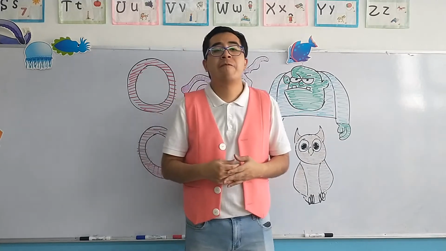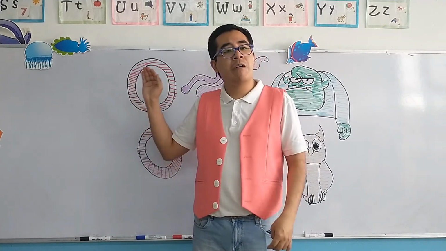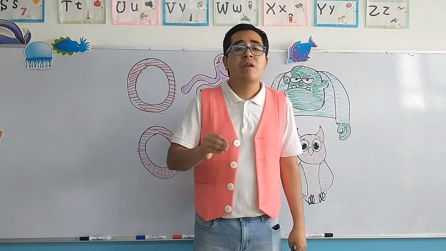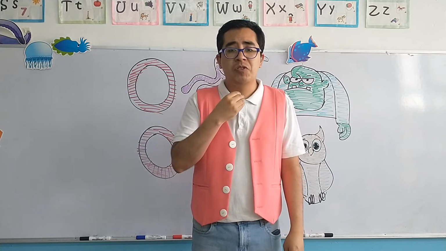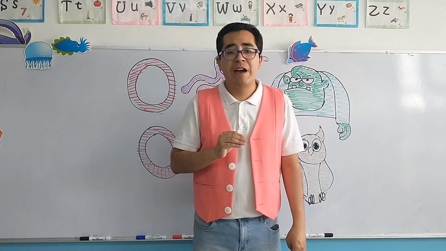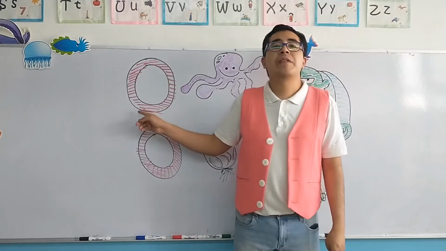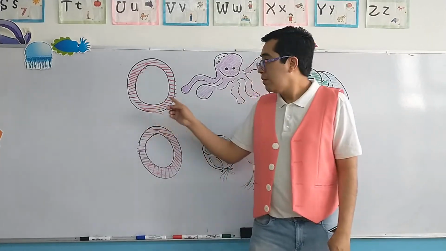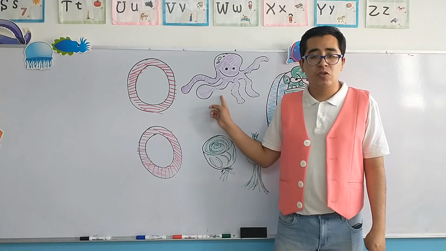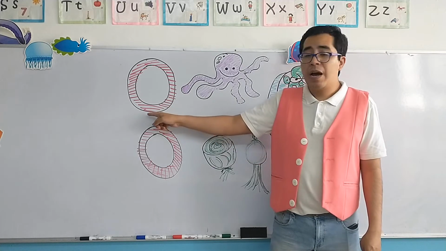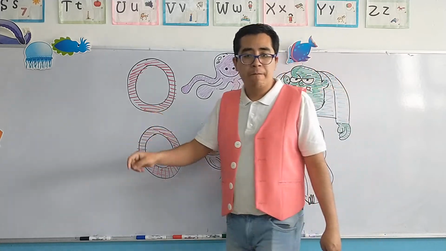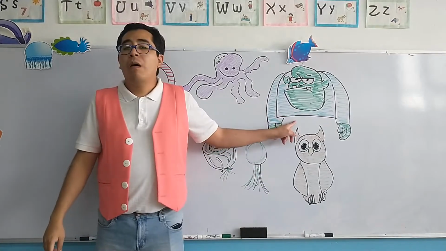Now, let's have our final review of each one of the vocabulary of today. Remember, the teacher Jacob says it first, you repeat after me. Capital O, octopus. Capital O, ogre.